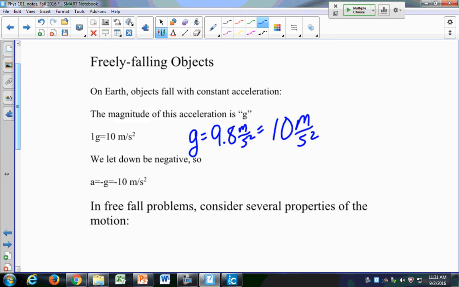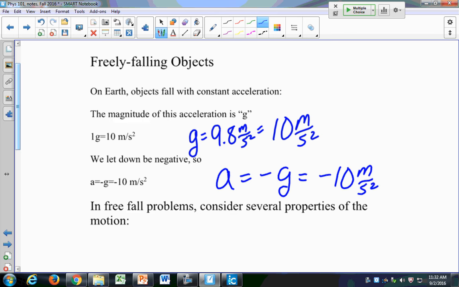It makes life a whole lot easier when you're doing the math, and especially you MCAT students, you'll need to use it at 10 because 9.8 is just hard to work with. Also, as we said, the acceleration due to gravity is negative. It's in the negative direction, or the downward direction. So whenever we talk about the acceleration due to gravity, I'll say that it's equal to negative g, which is equal to negative 10 meters per second squared.